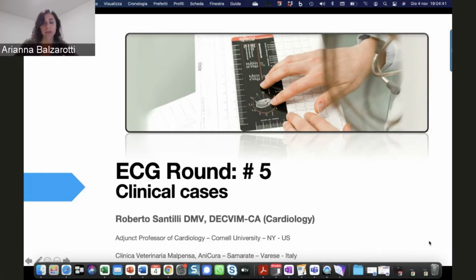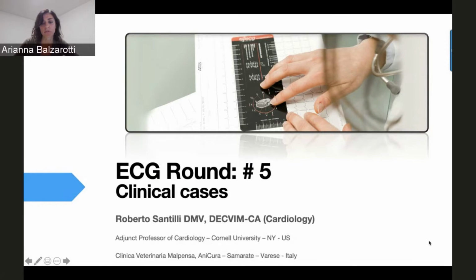Roberto Stantilly graduated from the College of Veterinary Medicine of the University of Milan in 1990. He became a diplomate of the European College of Veterinary Internal Medicine Companion Specialties of Cardiology in 1999. Between 2004 and 2006, he completed the Master in Electrophysiology and Electrical Stimulation at the University of Medicine of Insubria.